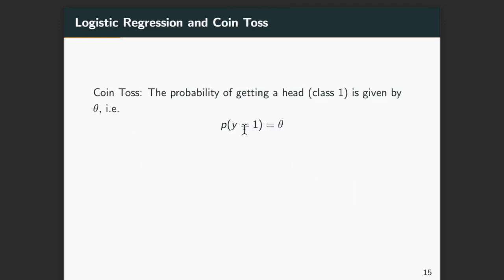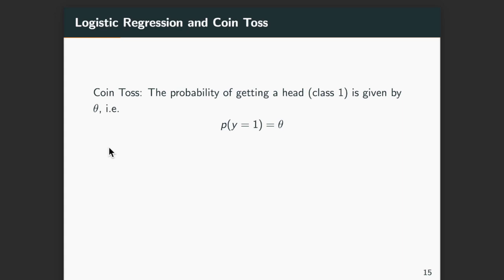For the coin toss, we know that the probability of getting heads, or class 1, is given by some theta. We are defining this theta as the probability of y equal to class 1. Similarly, for logistic regression, we want the probability that a particular y observation would be class 1 given the input x.